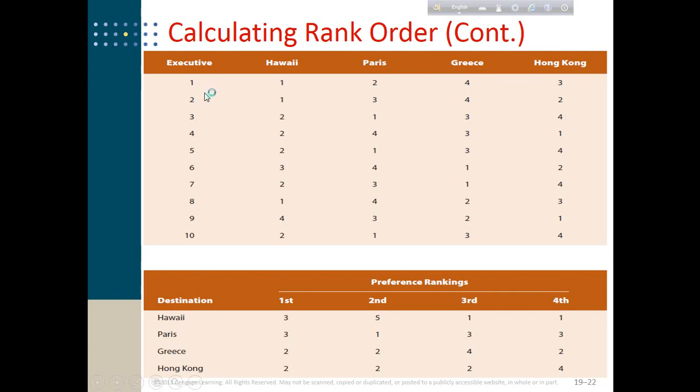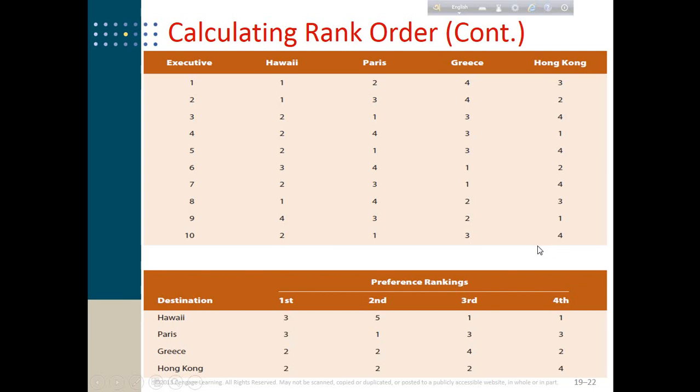Executive 1 ranked Hawaii first, Paris second, Greece 4, and Hong Kong 3. Executive 2 ranked Hawaii first, Paris 3, Greece 4, and Hong Kong second. For example, executive 10 ranked Paris first, Hawaii second, Greece third, and Hong Kong fourth.